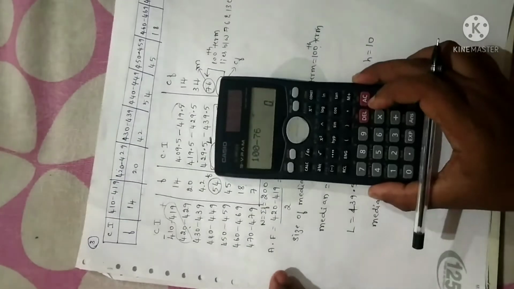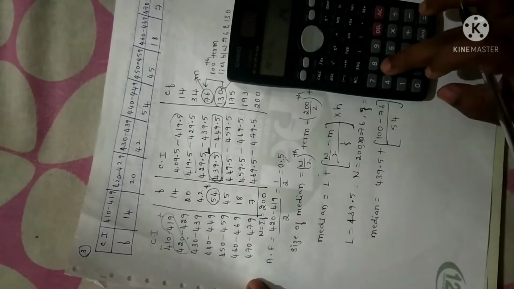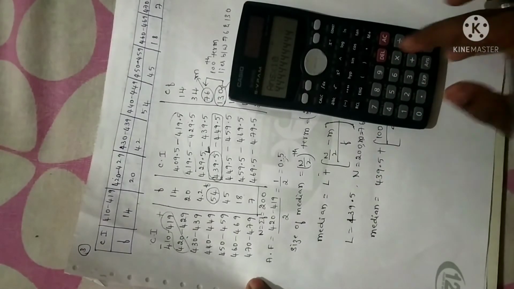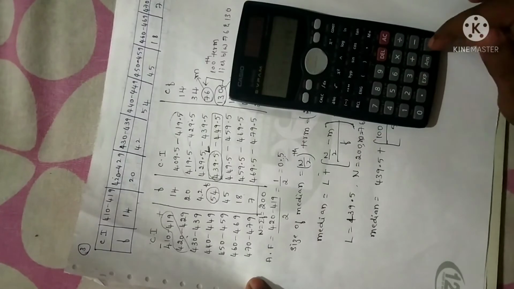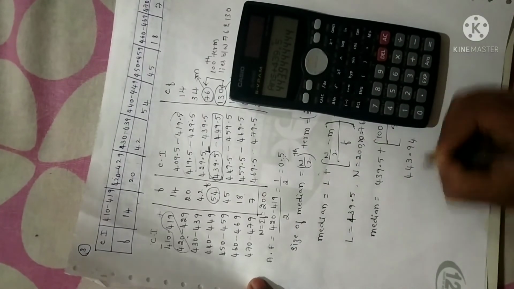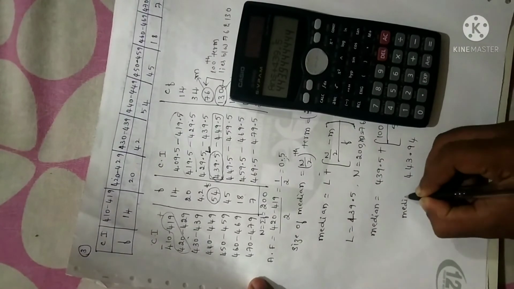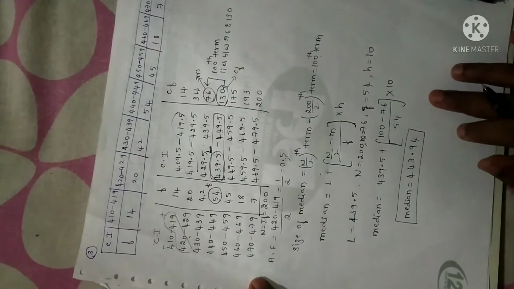You can see the calculator. So 100 minus 76 is 24, divided by 54, multiplied by 10, plus 439.5. So that will give us 443.94. Therefore, the required median is 443.94. Hope it is clear.